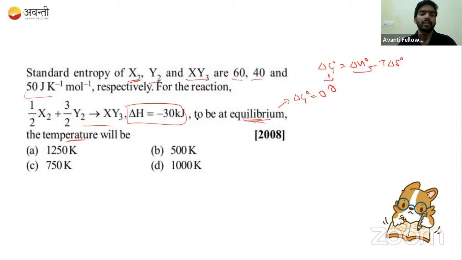Delta H is the enthalpy of the reaction, which is already given, and you have to find T. Delta S is the change in entropy, which is entropy of product minus entropy of reactant. So try to find the answer, and note the questions.